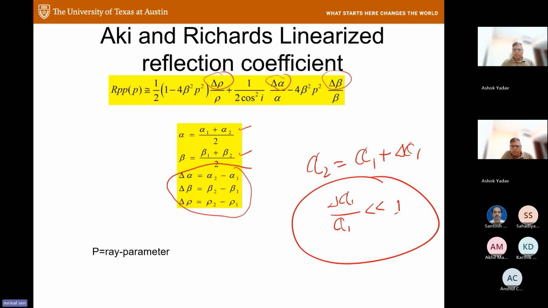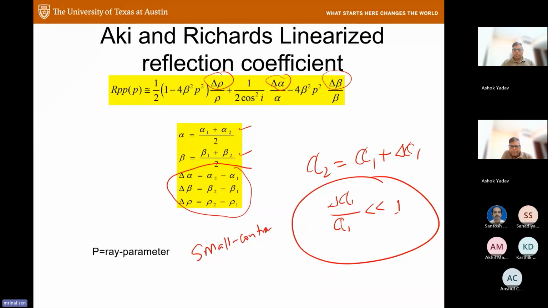Similarly, I can do that for shear and so on. So this is where linearized reflection coefficients become quite useful because it's much easier to interpret, but with the caveat that this is valid for small contrast, okay?